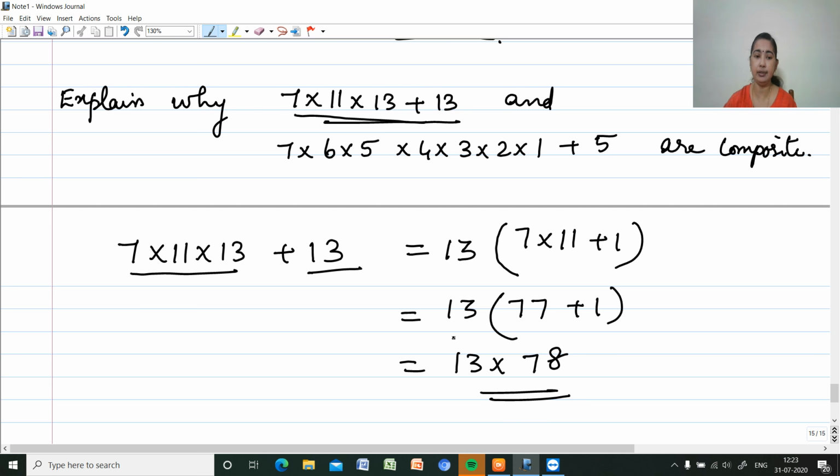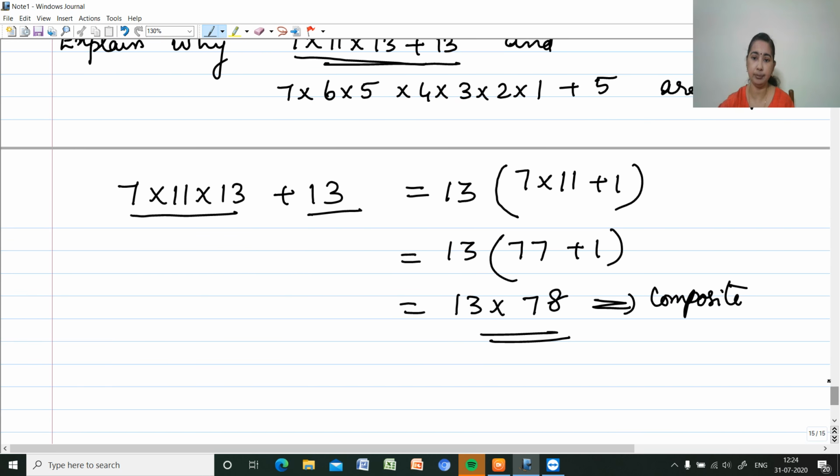So we can write 7 into 11 into 13 plus 13 as the product of two numbers. If we can write it as a product of two numbers, we can say that it is a composite number. So this is composite.